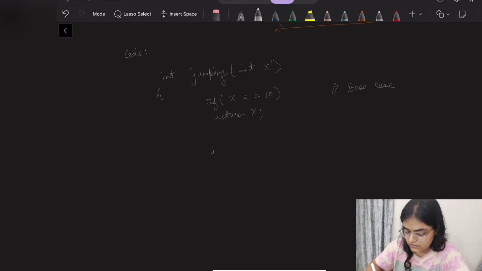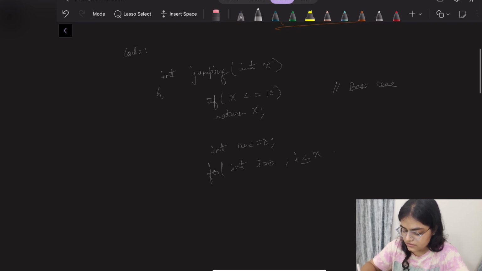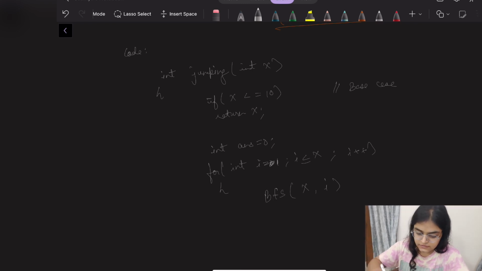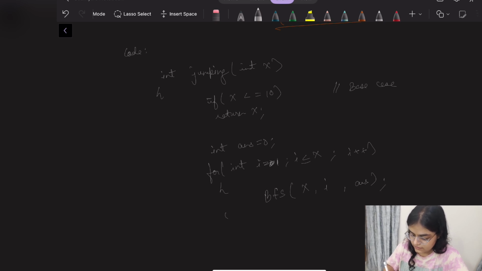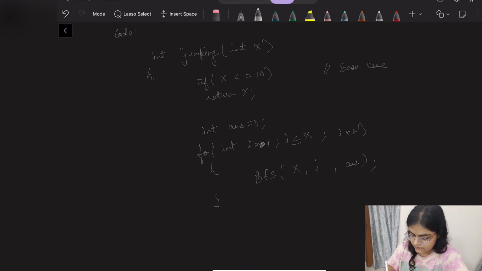Else int answer is equal to 0, go for loop, I equals 0, I less than equal to x, I plus plus, and for every digit we will be calling the BFS function and update the answer, and then return answer, right?